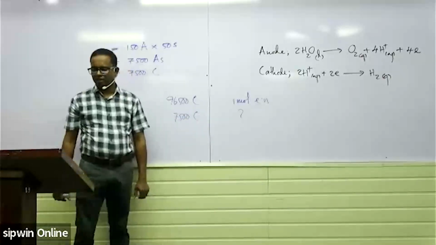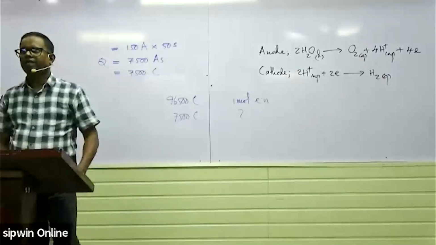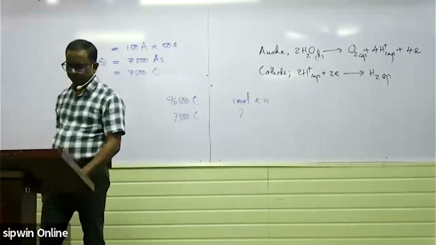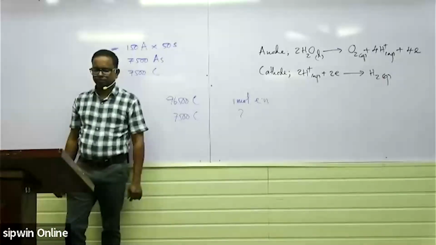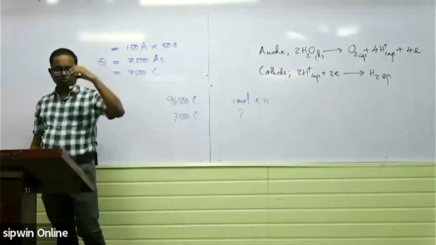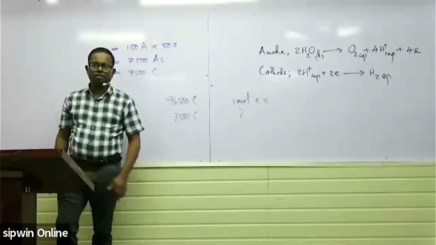Next you write: number of electron moles flowing in the circuit.